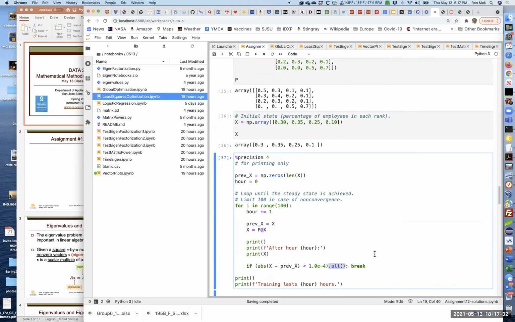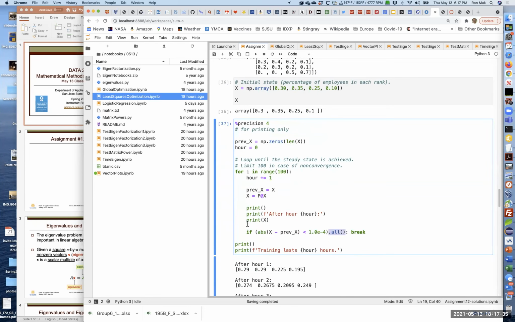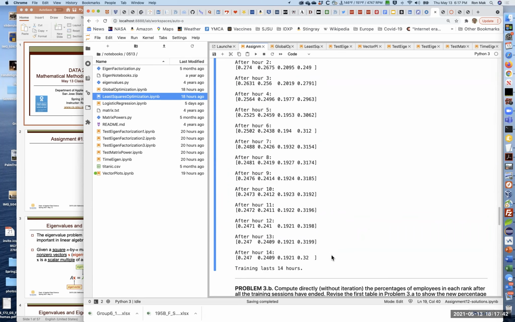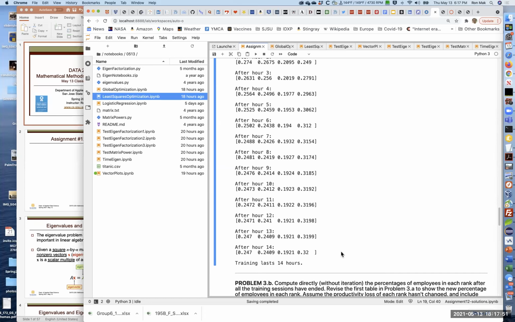Then I print out each vector at the end of each hour, so we can watch it go. What I had was 14 hours. Maybe on your machine it was different, but it should be around 14 hours. Sure enough, within 3 decimal places, the numbers are the same. Here it's slightly different, but still within 3 decimal places. And so training lasts 14 hours.